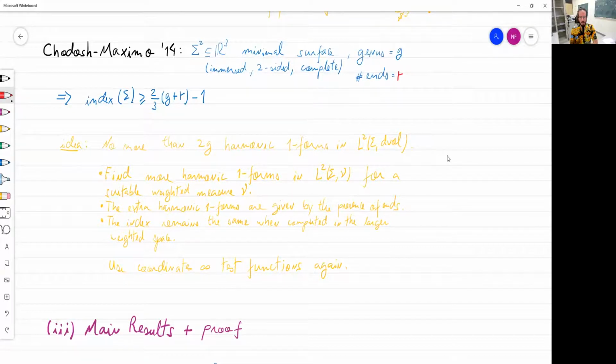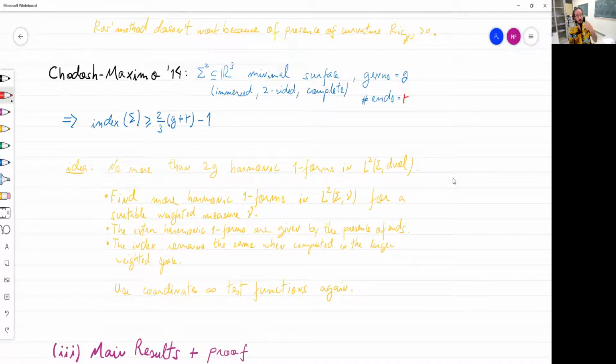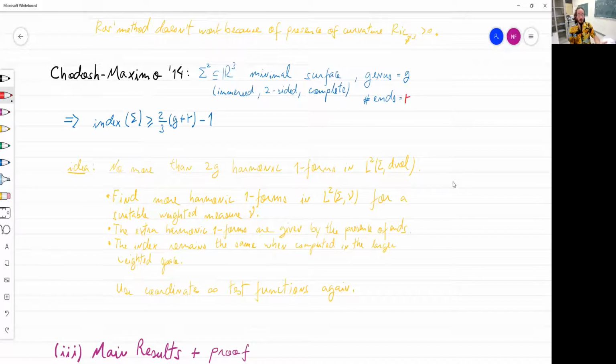Okay. So this is relevant for us because it shows us how to detect the ends of your critical point, right, of your minimal surface.